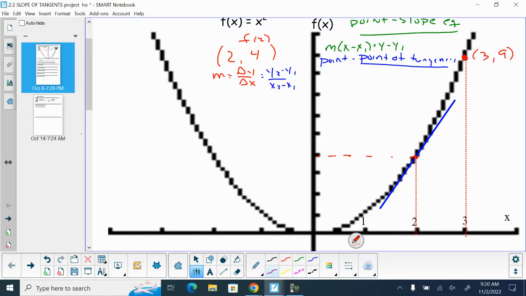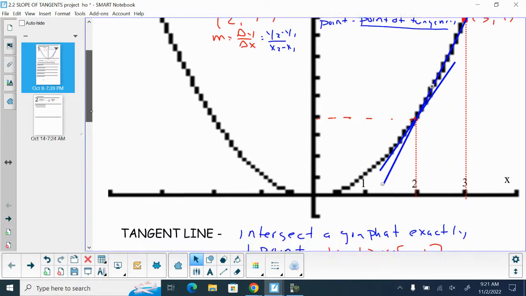And what this gives us is 2 points. If I would draw a secant line between these 2 points, here would be our secant line between those 2 points. We can determine the slope of that line because we know 2 points.